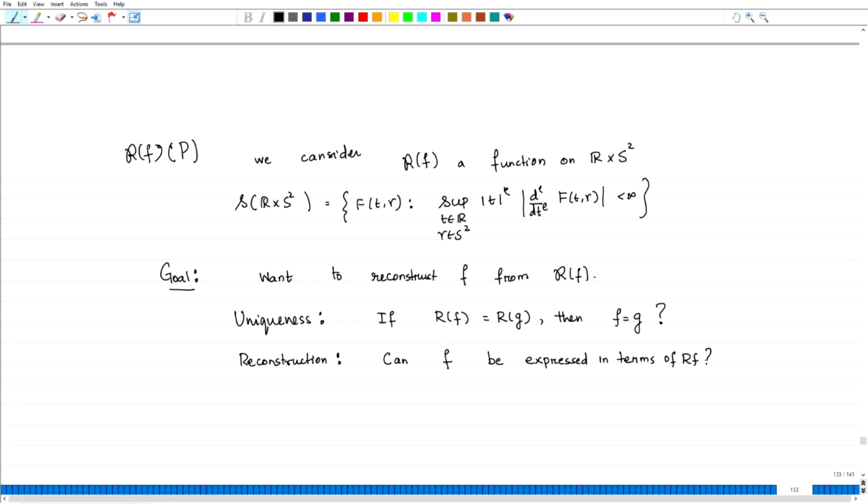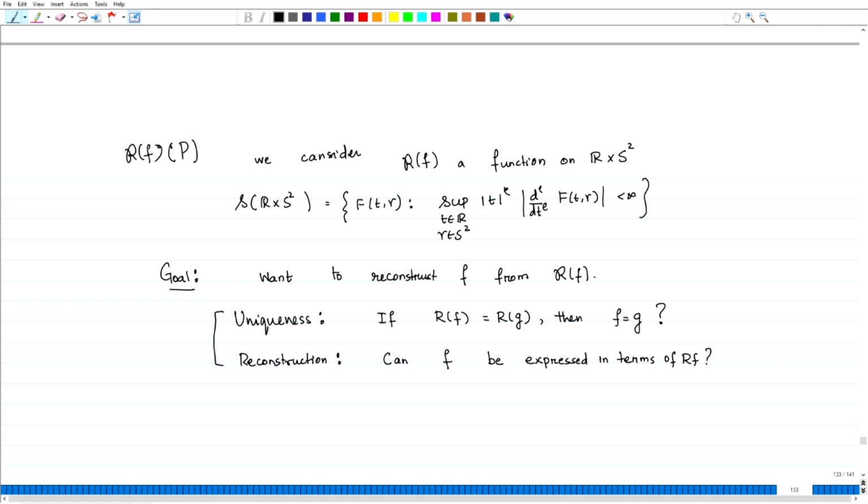Can we have a formula by which, knowing Rf, we can determine f? Those are the two main questions we would like to address.